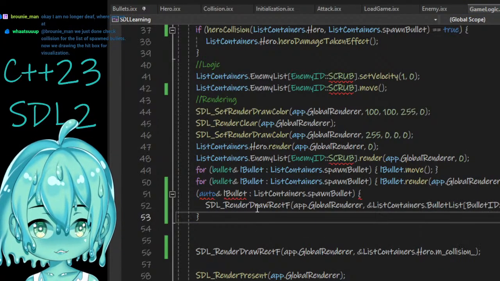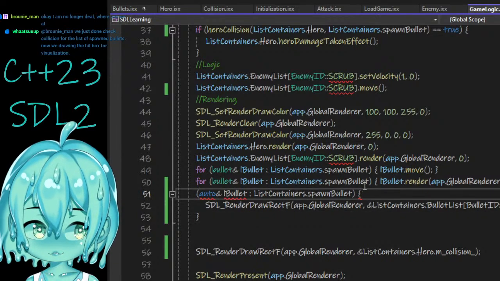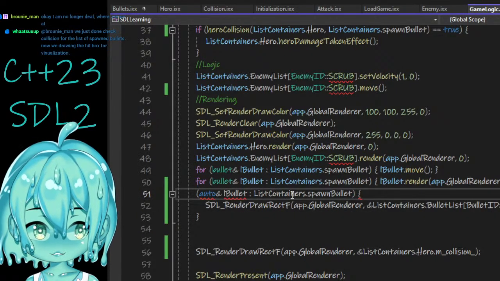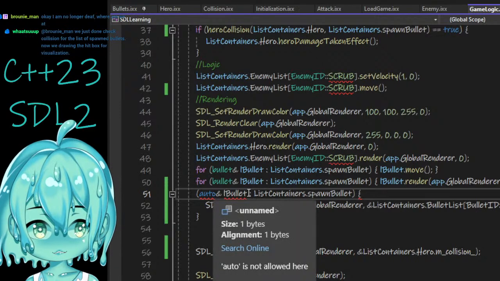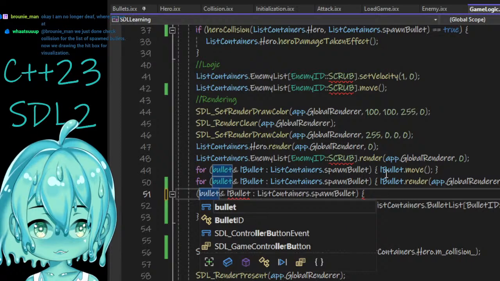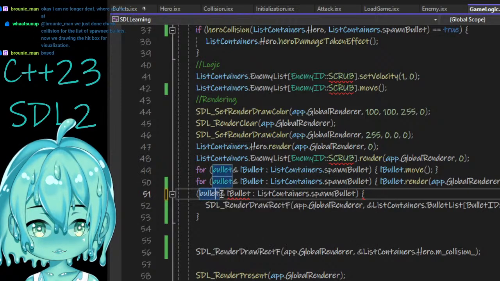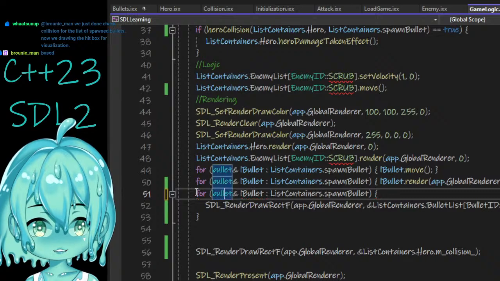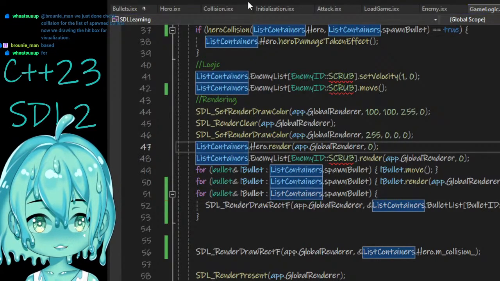Missing a semicolon? Where? List containers is correct, so this is messed up. Wait, what did I miss here? Is it bullet? No. Oh, 4. That's what I'm missing. Ha ha ha. Okay, all right.